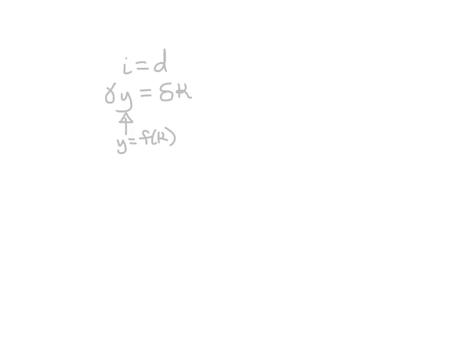Recall for the Solow model, we're relying on the Cobb-Douglas production function, which tells us that output per worker is equal to this equation, where A is a productivity parameter, so it's just some number. We can assume that's 1 for this example, but we'll leave it in for now as a symbol. Capital per worker is raised to the alpha power, which in practice is usually about 1/3, but we'll leave it as a symbol.